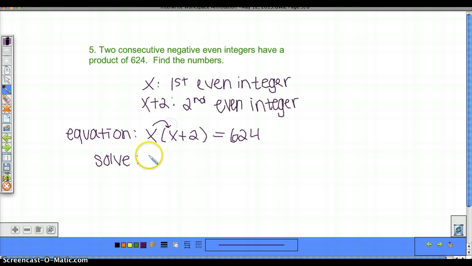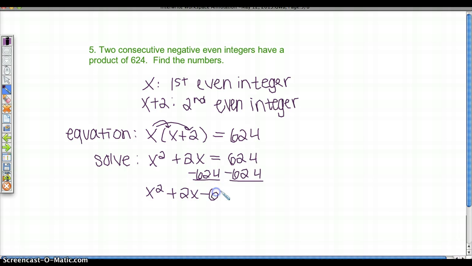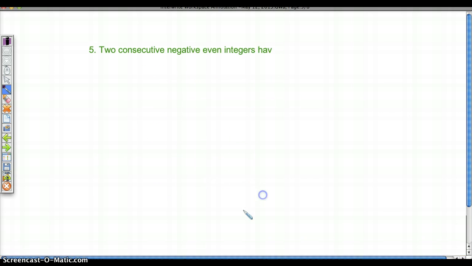So x times x gives me x squared. X times 2 is 2x, and this equals 624. In order to factor, we're going to subtract the 624 over. We need everything on one side. So x squared plus 2x minus 624 equals 0.